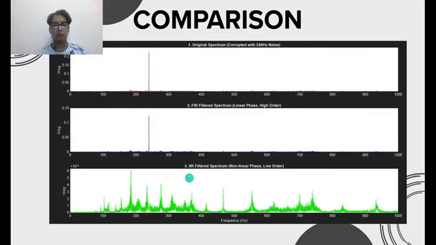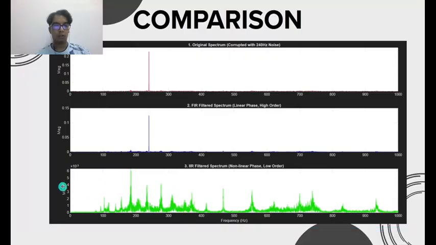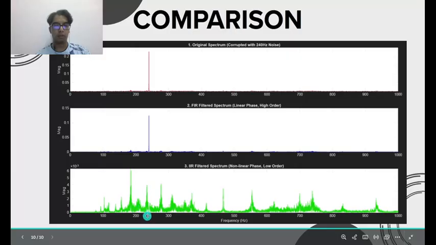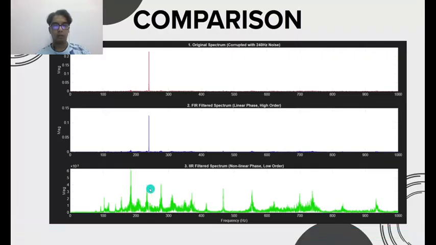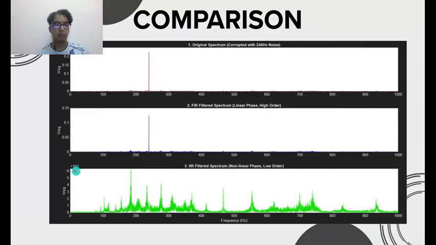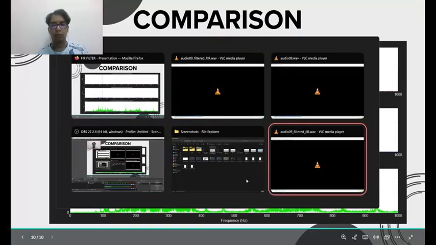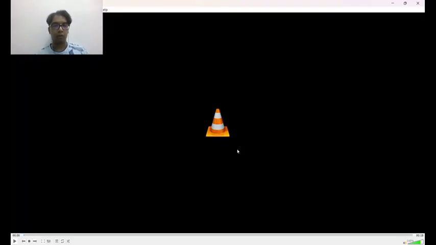So we apply the IIR filter, which as you can see completely destroyed the constant sound, the constant spike around 240 Hz, and it goes lower, maybe to the original song. The graph is scaled to micro, so that is the magnitude over here. So this is after the IIR filter.